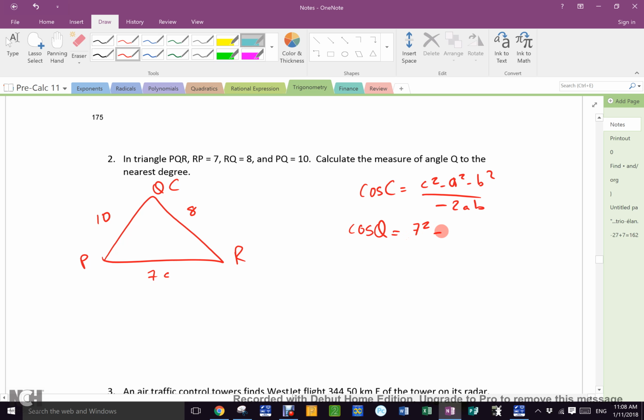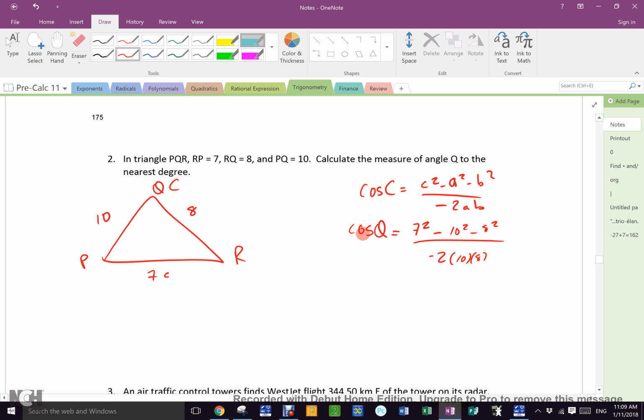7 squared. Minus. Do A and B matter? Okay, so minus 10 squared minus 8 squared over what? Negative 2 times AB, 10 and 8. Now, what are you going to have to remember here? When we're doing the side, we had to remember to square root, right?